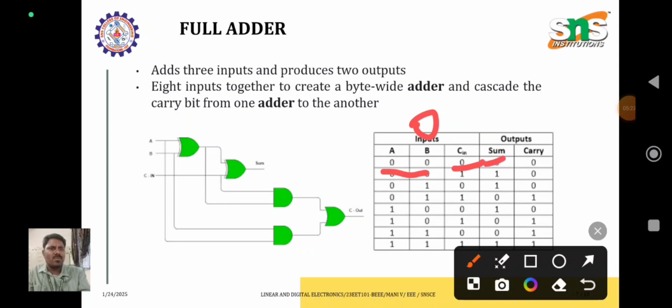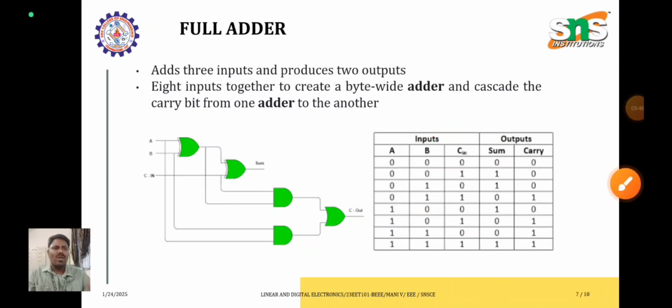For example, next 1 plus 0 is 1, and that 1 will be added with the third input, so 1 plus 1, sum is 0 and carry will be 1. And here there are 2 inputs, 0 and 1. 0 plus 1 is 1, and that 1 will be added with 1, so sum 0, carry 0. So first of all, we add those 2 inputs, and the output of those 2 inputs will be added with the third input, so that we get the actual output for sum and carry.